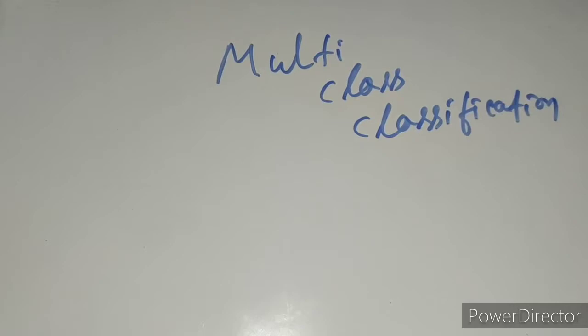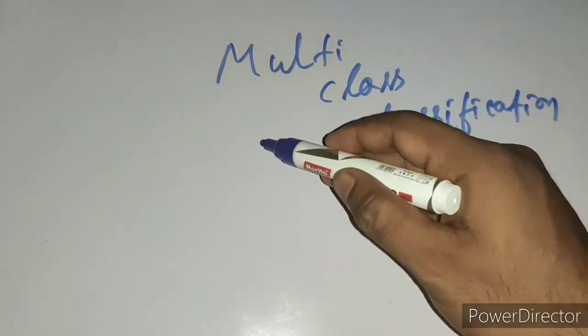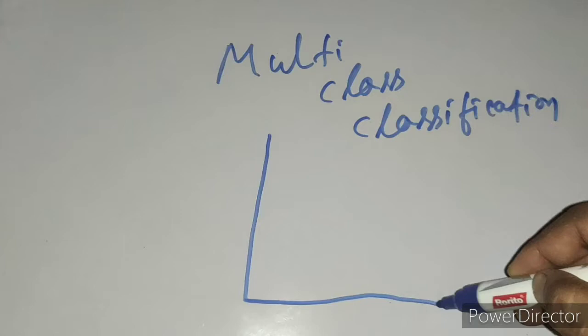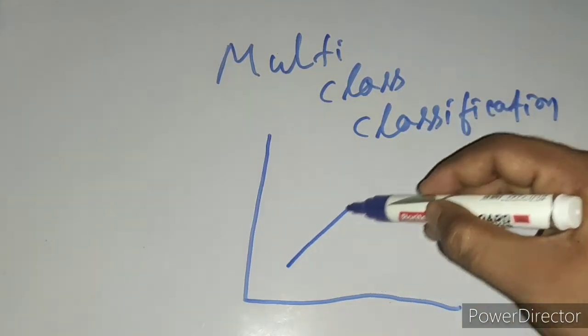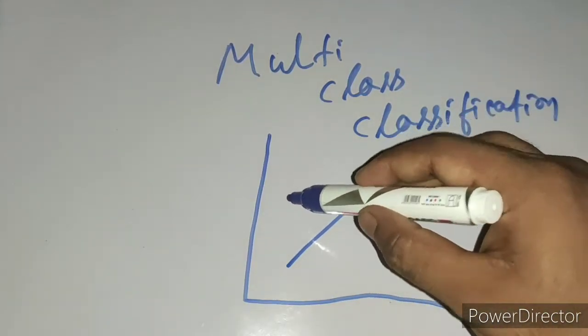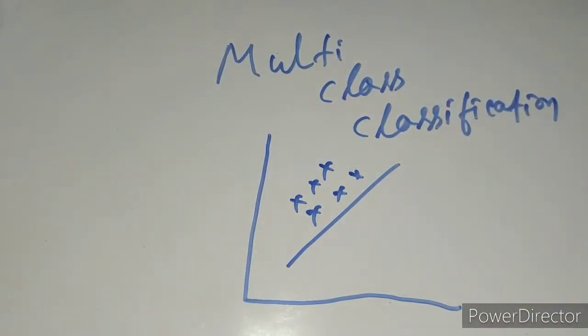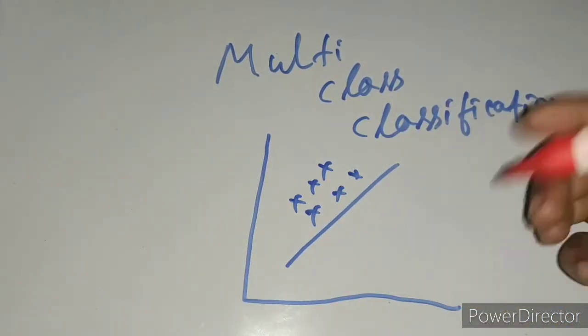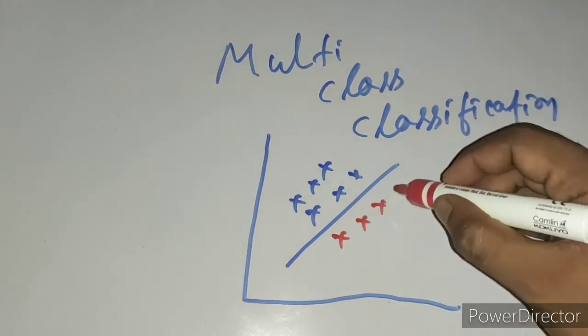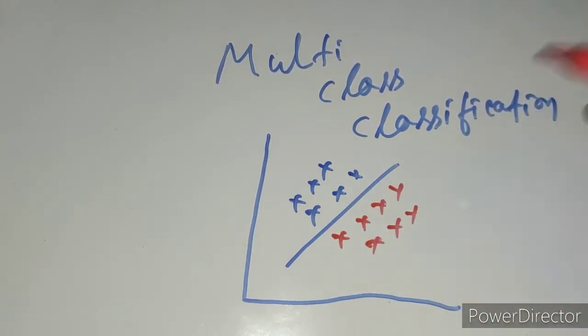So in this multi-class classification, suppose this is the graph. Earlier there were two options, two levels, which used to be linearly classified. Now there are three levels. So how does this three-level classification happen?